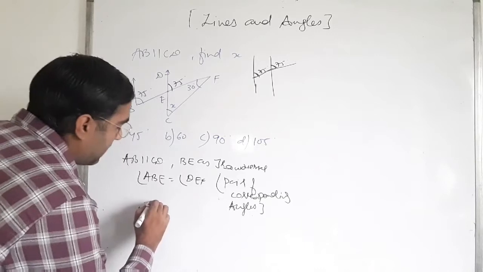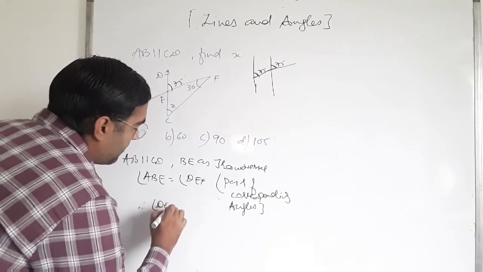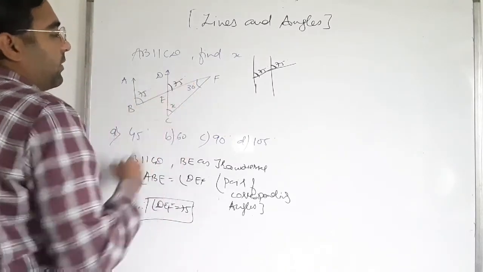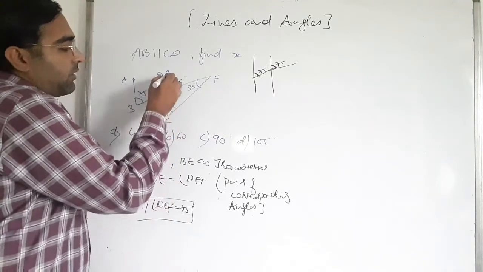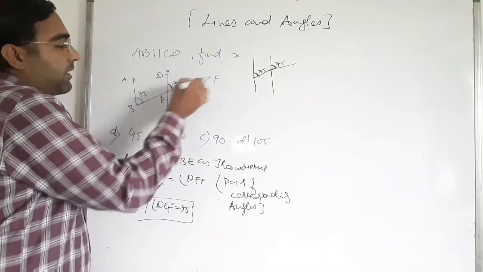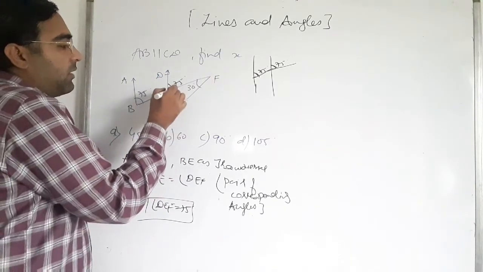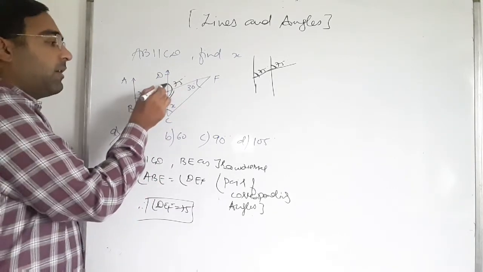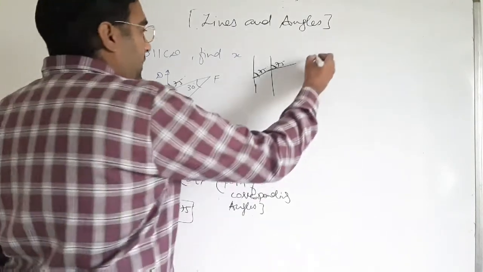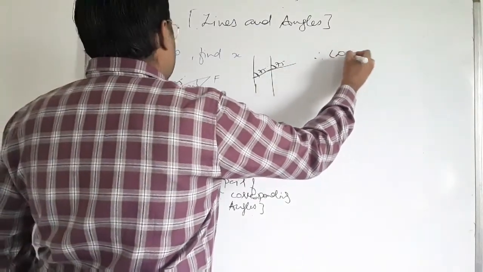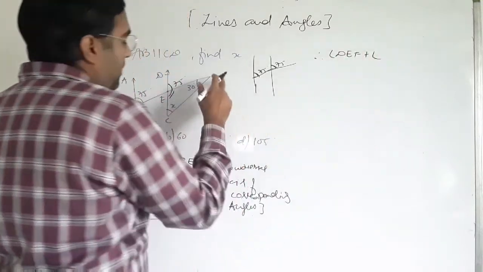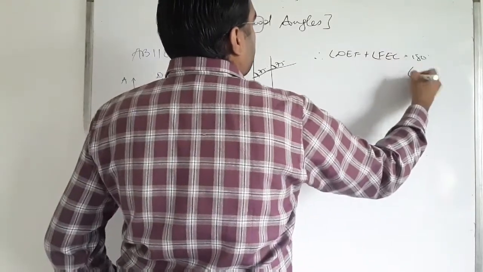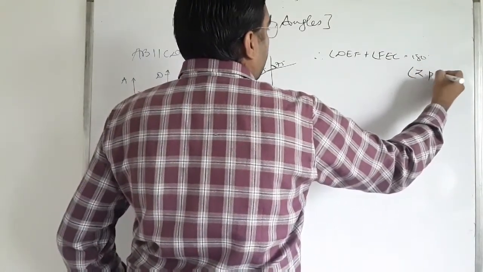So my angle DEF is equal to 75 degree. Now DEF plus FEC make a 180 degree linear pair. Therefore angle DEF plus angle FEC is equal to 180 degree.